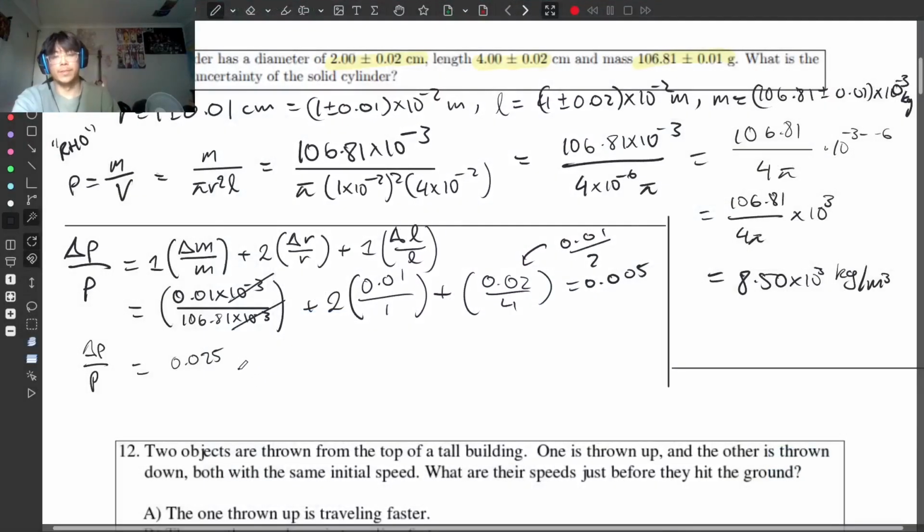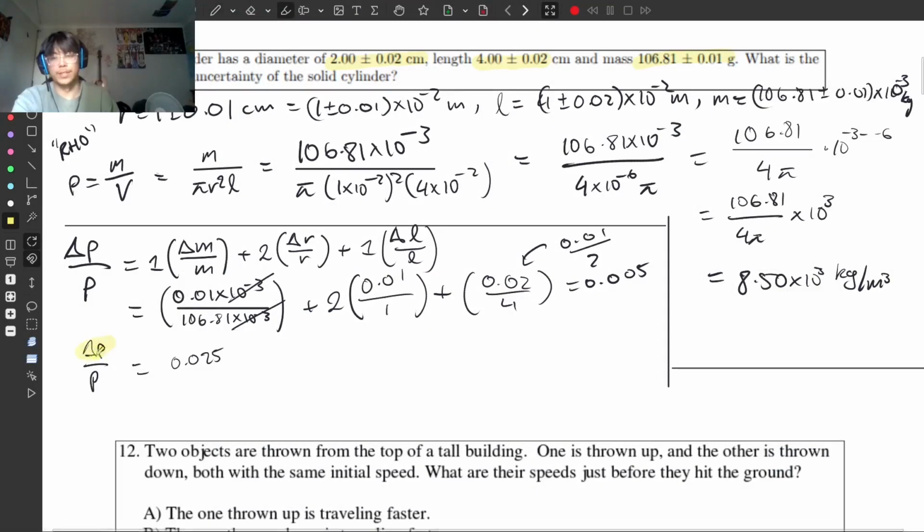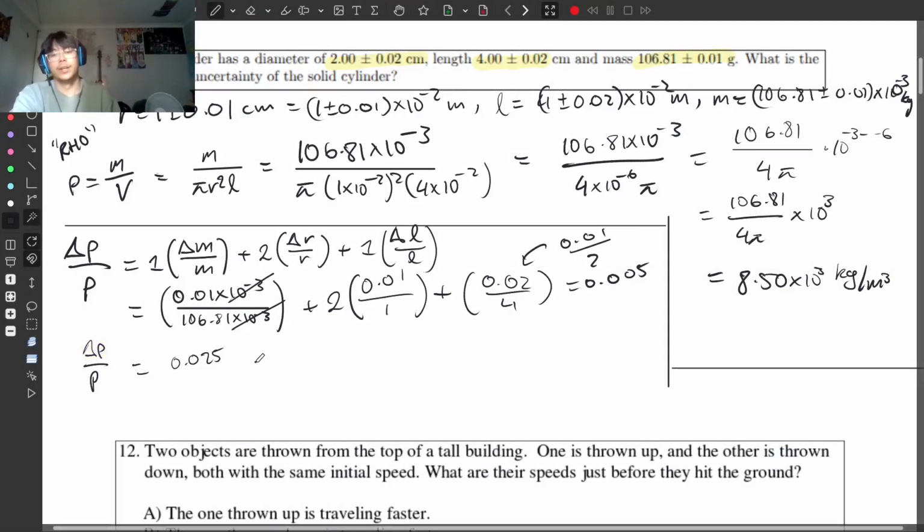Now, to obtain just our uncertainty in density alone, we will have to multiply both sides by this density here.